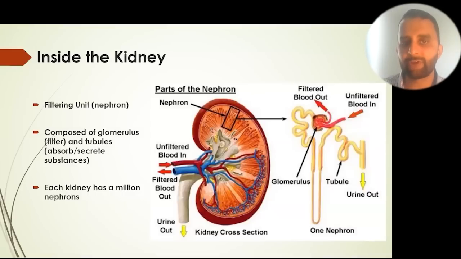Each individual filtering unit is called a nephron, and each kidney has about 1 million nephrons. Blood flows into the kidney through the artery, and then blood comes out. As blood flows through the kidney, it is filtered in the glomerulus, and then it goes down into the tubules, where absorption and secretion takes place to ultimately produce urine.